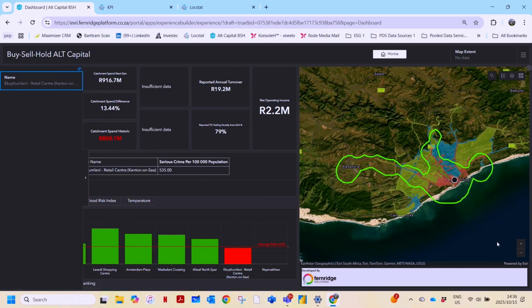Now, we have the primary catchment area on the old way of doing it, which is essentially just an estimated drive time. That is the little red patch around the center. The secondary area would be the blue, and the tertiary area would be the green. In this particular instance, you can see we have sufficiently understated that catchment area.